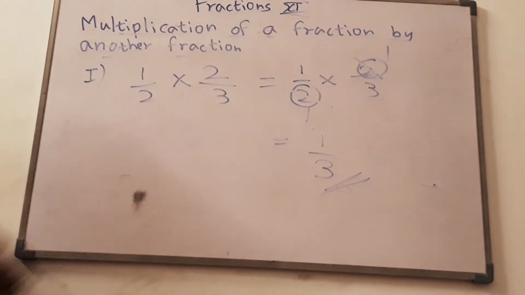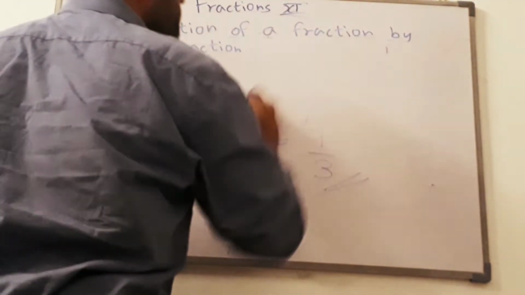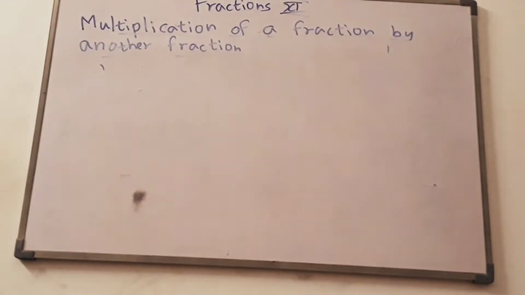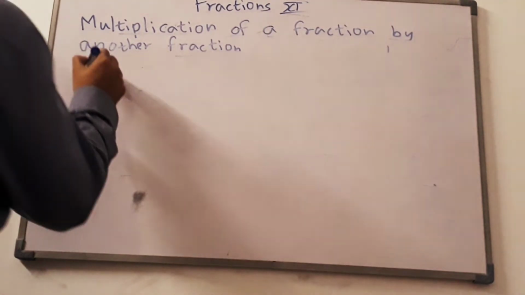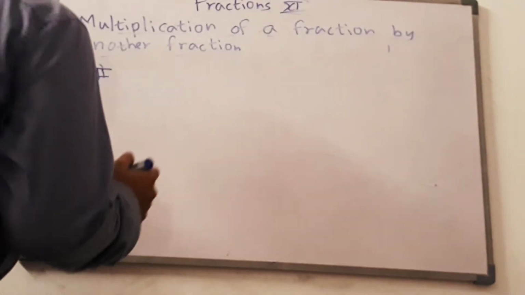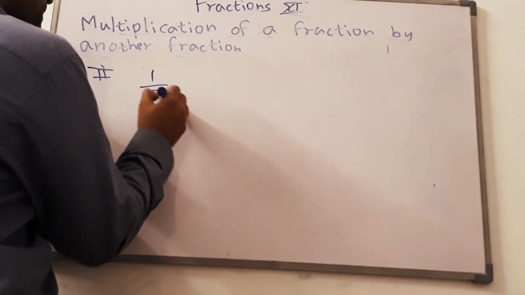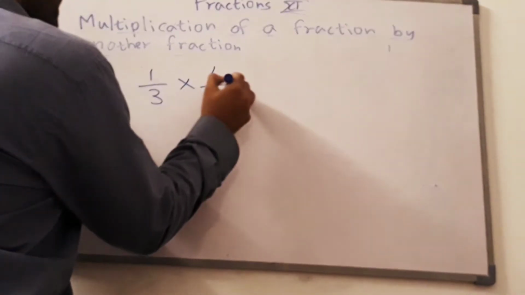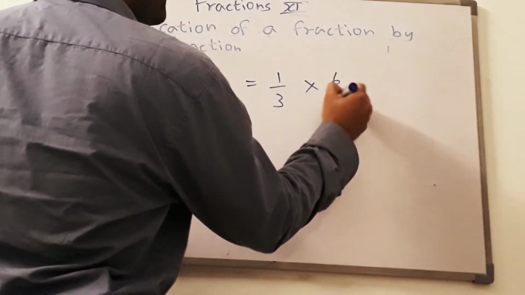Suppose a question like this now. Second question. Next question is 1/3 times 6/7.